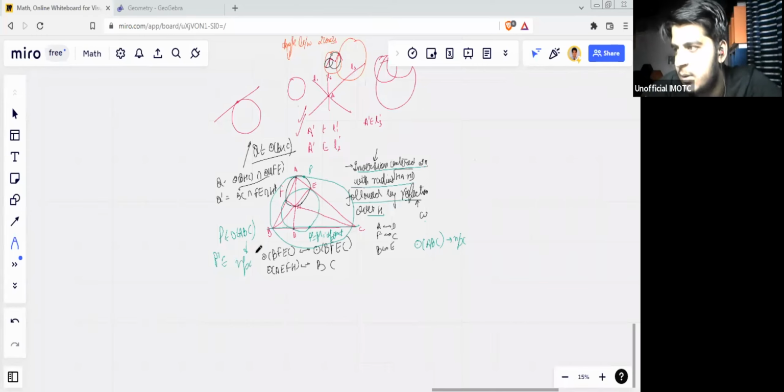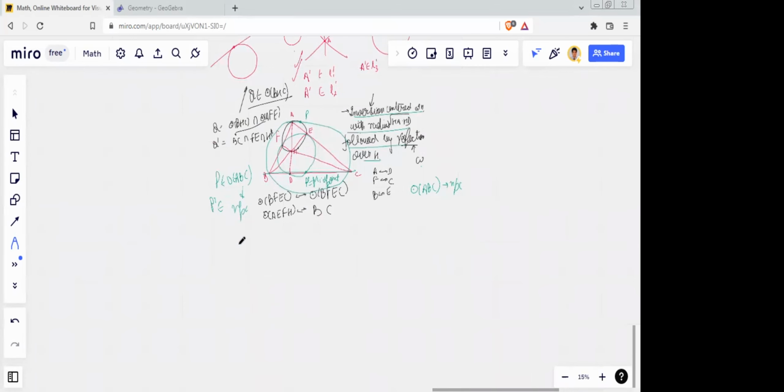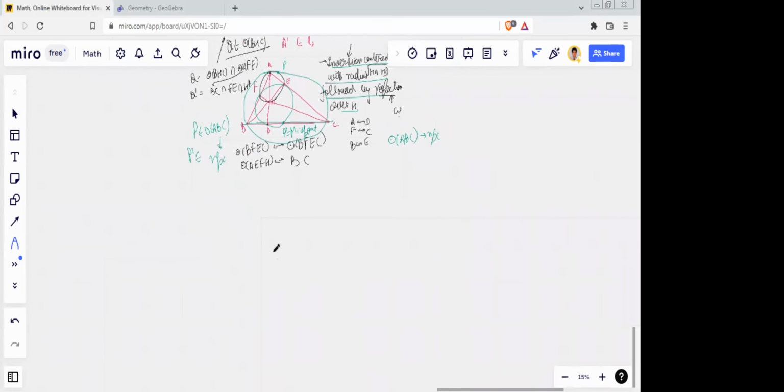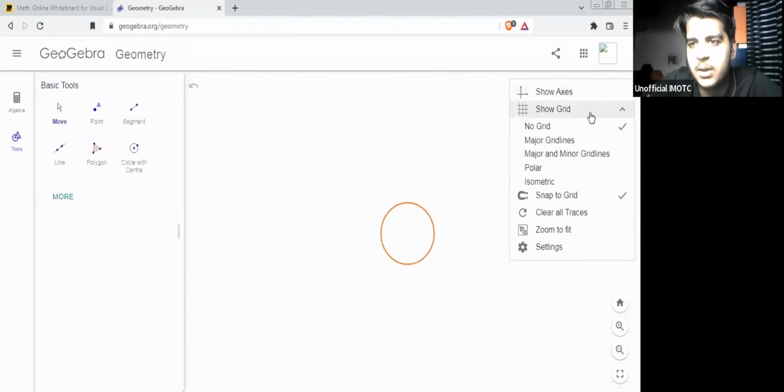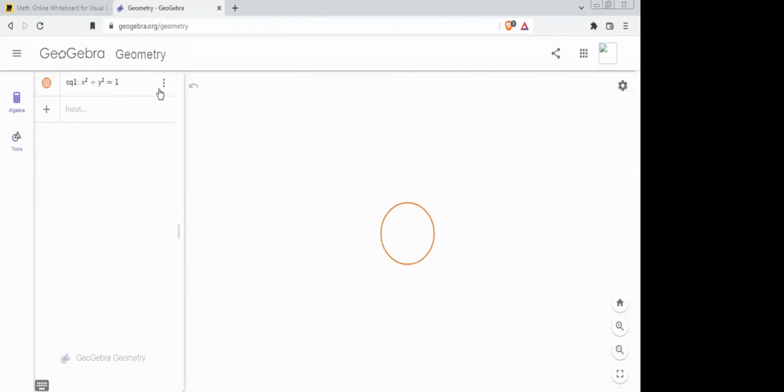Okay. Shall I do it on GeoGebra or Miro? I'll do Miro, that would be nice. Huh? GeoGebra would be nice. Sure. But it will take me a minute to make a figure. Okay.